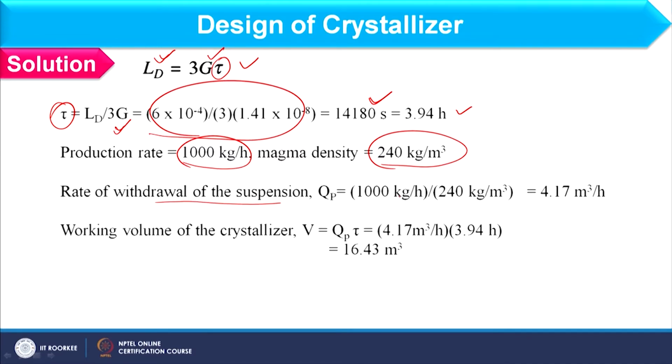That is basically 1000 divided by 240 meter cube per hour, which gives the total output from the crystallizer as 4.17 meter cube per hour. This much output we can obtain when the slurry is available in the crystallizer for this much time. Therefore, the total volume of the crystallizer is the multiplication of these two, which is 16.43 meter cube.